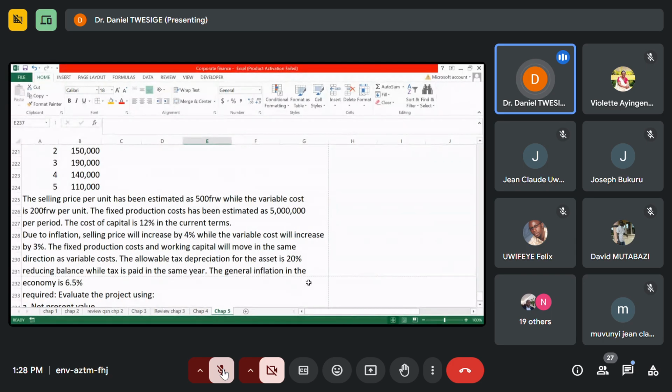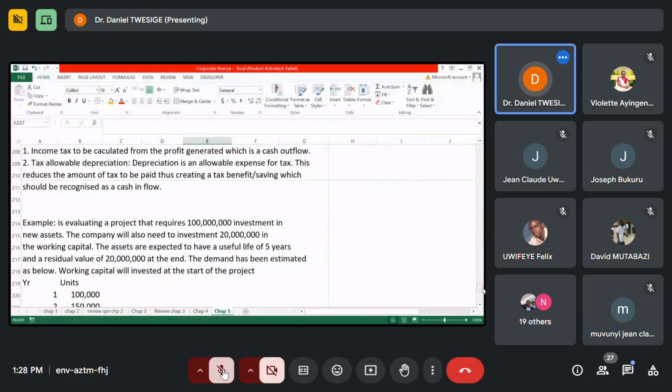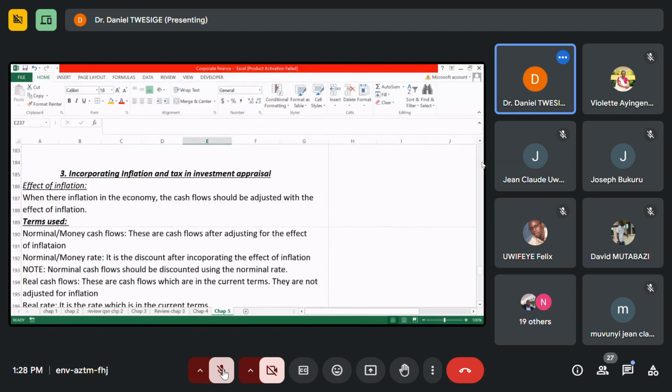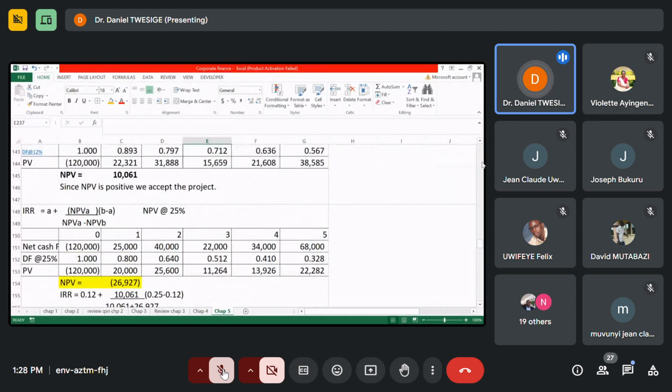The general inflation in the economy is 6.5%, and this cost of capital is in the current terms, meaning it is a real cost of capital. Because it is a real cost of capital and we are going to adjust for inflation, we shall have to adjust it again. So I want to copy some of the data we used here.